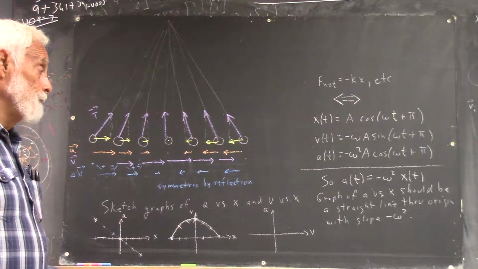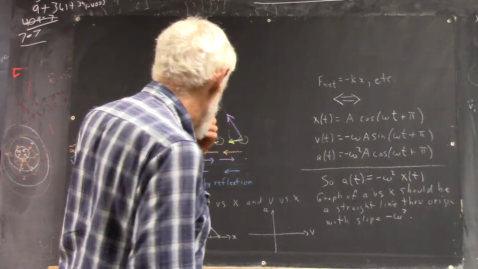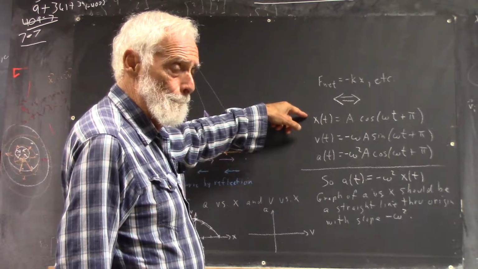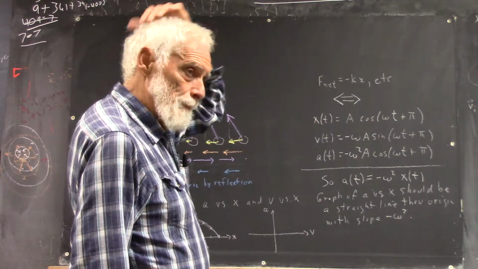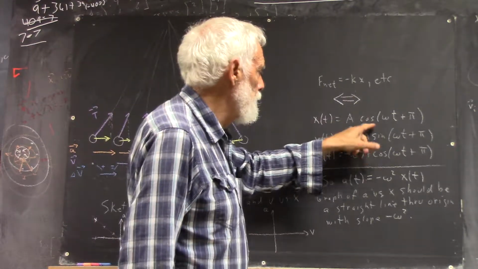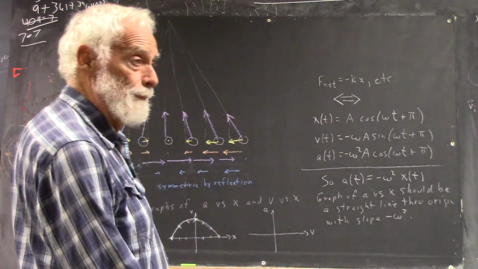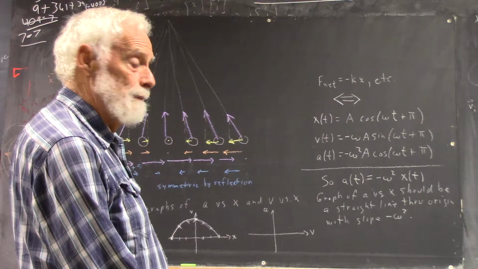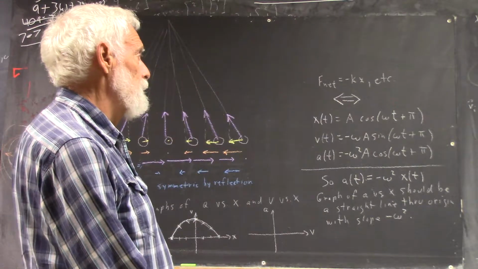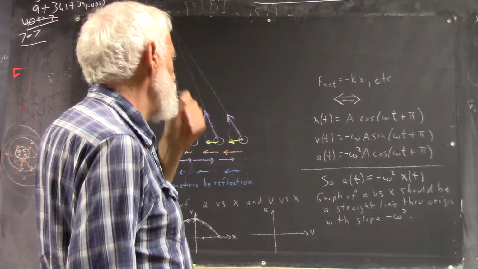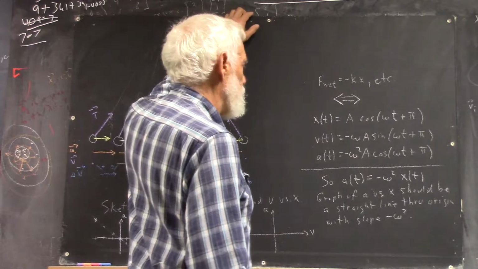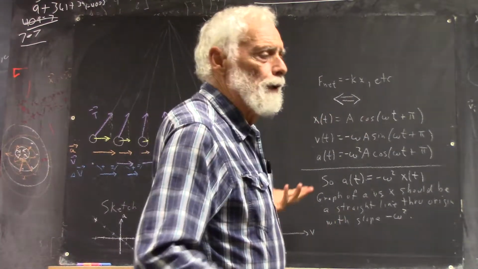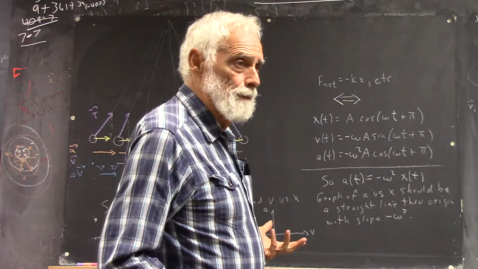Now, a little more complicated. How are V and X related? Well, you've got a sine here and you've got a cosine here, right? When you see a sine and a cosine being compared, what's the Pythagorean identity for sines and cosines?